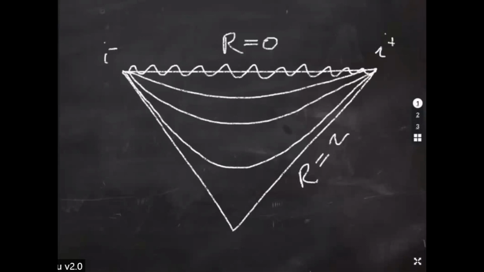Now, I told you that if you are on one of these surfaces, you see isotropy around you. And I also told you that when an observer crosses the event horizon and gets to the singularity, that observer is going to be entirely torn apart at some point.